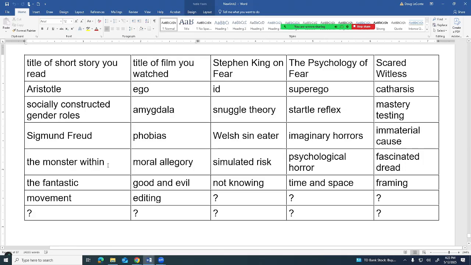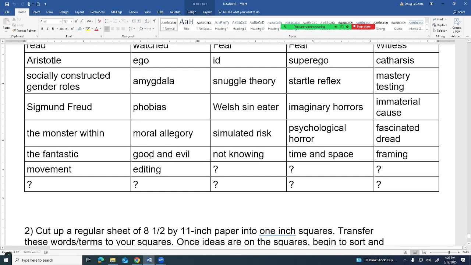So the monster within is excluded from moral allegory. In most cases, it's more associated with psychological horror. Moral allegory, remember, is where there's a lesson to be learned, and it may not have anything to do with that monster within. Good and evil often is associated with moral allegory.